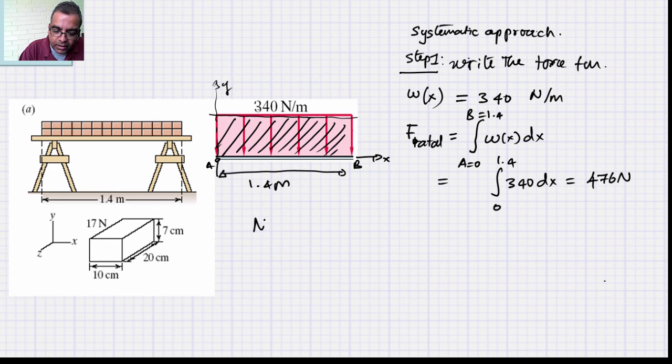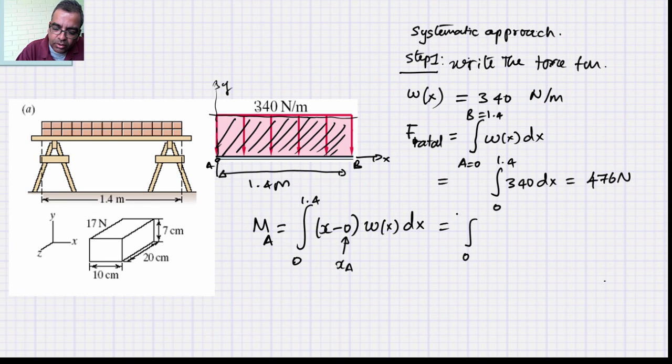How about the moment? I'm going to calculate the moment around A. So it's the integral of (x minus 0) W(x) dx. This is x of A. I'm doing this in a kind of painful way, but you know what I'm doing, right?